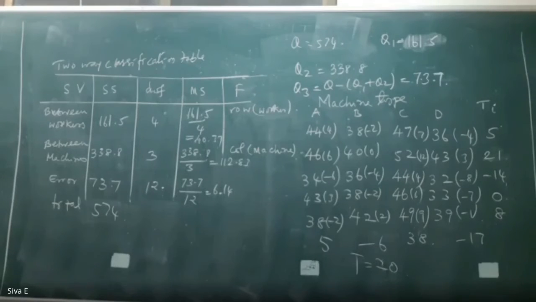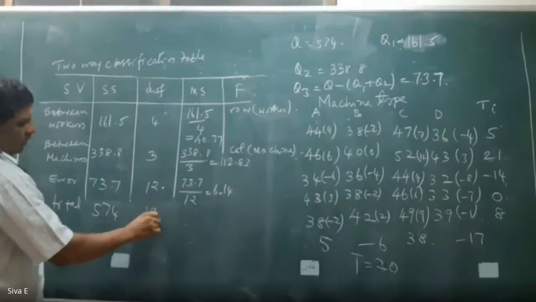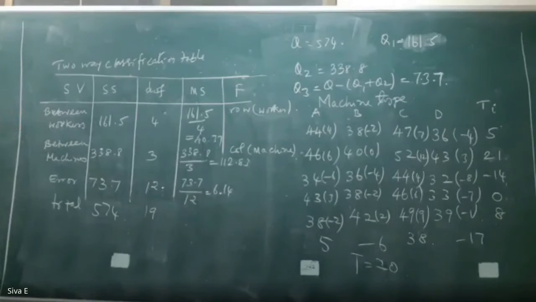No, R into C is 20. Number of rows into number of columns is 20. 20 minus 1, 19. Correct one.